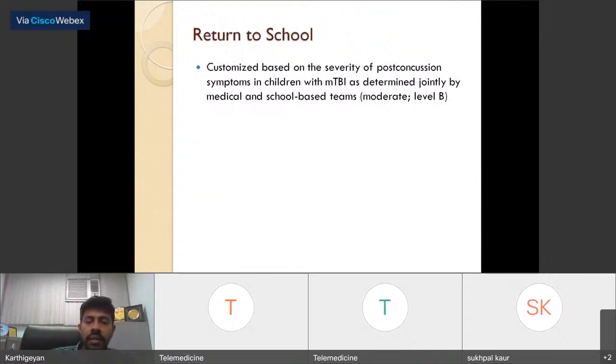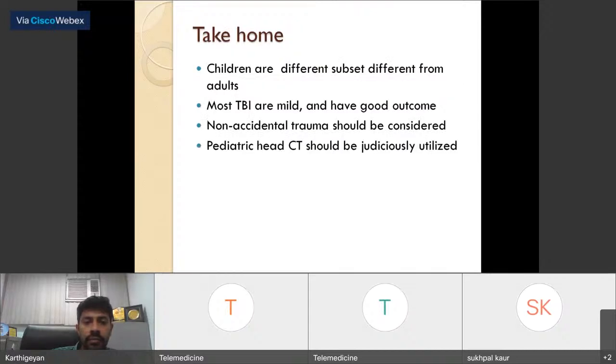Return to school again is a group decision based on family and individual factors, and it is an individual decision which varies with each kid.